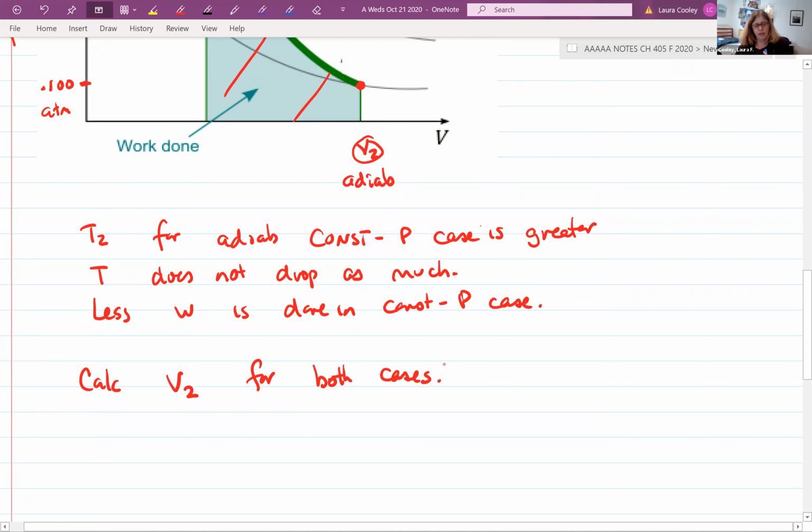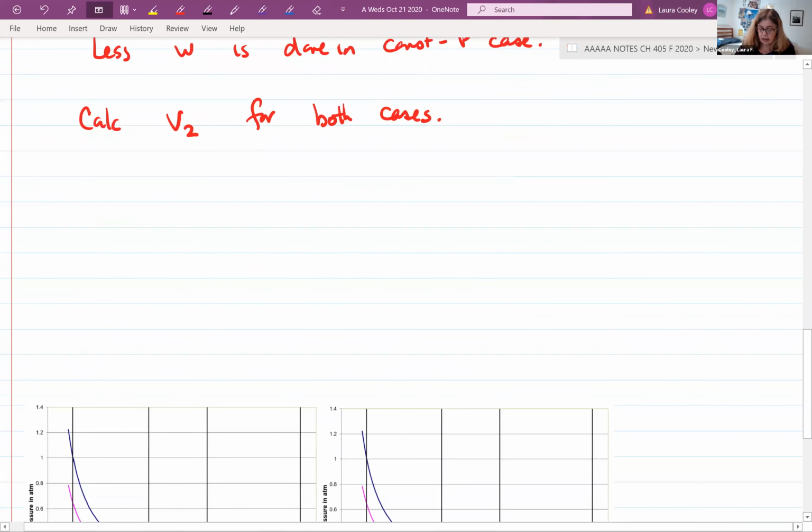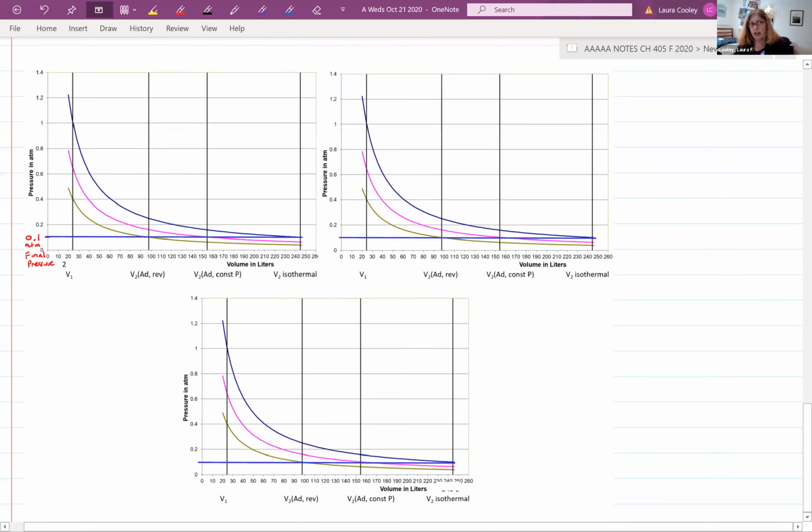And to make it easy for you to illustrate the amount of work on a graph, I've posted on Blackboard with the special problem 3 different isotherms. This is the isotherm at 298. This is the isotherm that corresponds to the T2 for the constant pressure case. And this is the isotherm that corresponds to the T2 for the adiabatic case.